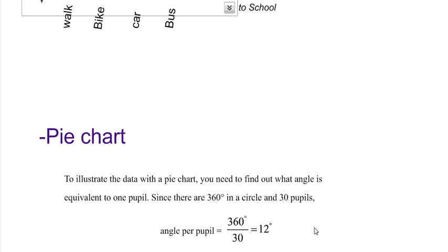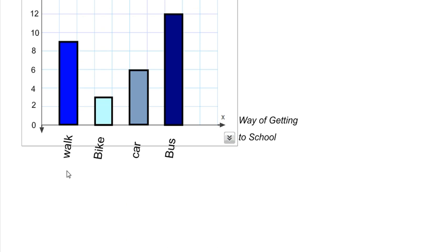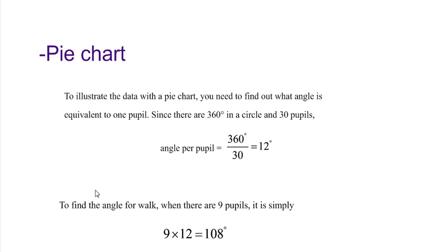People who walk to school, we have 9. To find the angle for walking, we have 9 multiplied by 12, which gives 108 degrees.